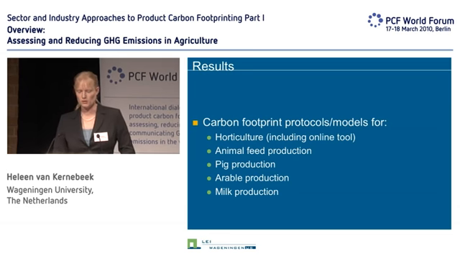Then there is a protocol for animal feed production and for pig and arable production. And for milk production, we have developed also a quite intensive, detailed model for computing greenhouse gases related to the production of both conventional and organic milk.